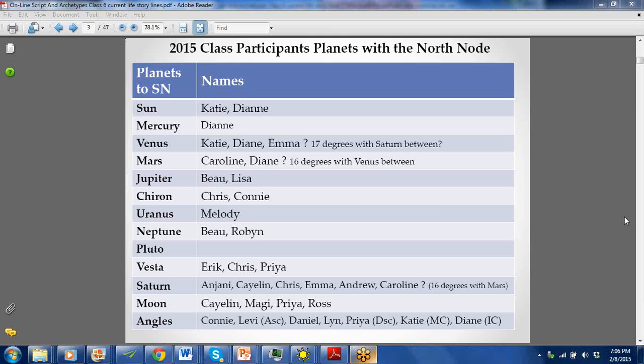Could you just comment on the angles? Because some people have the nodes on their angles, like the North Node on the Ascendant, or the North Node on the Descendant, or the North Node on the Midheaven, or the North Node on the IC. Yes, certainly.